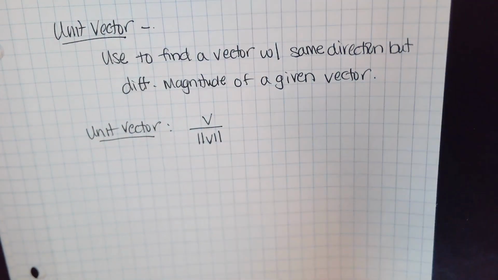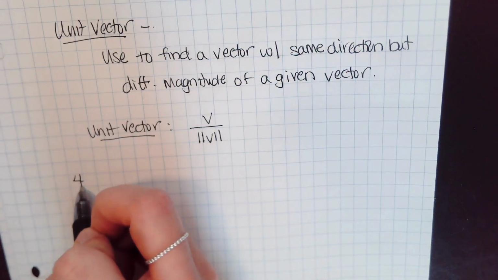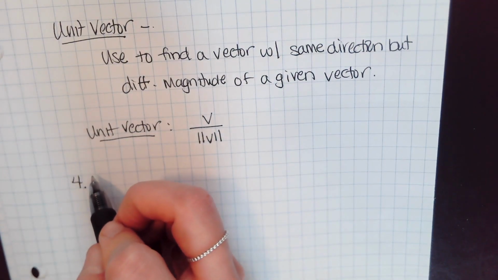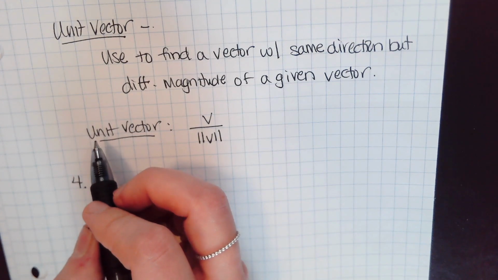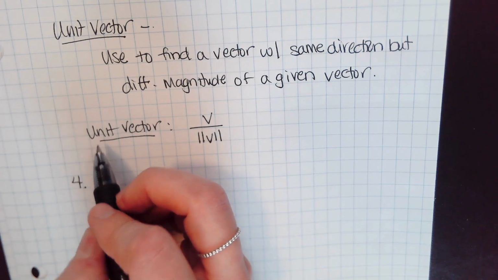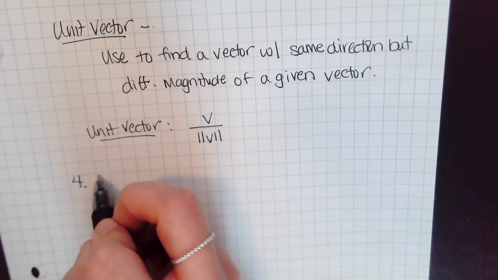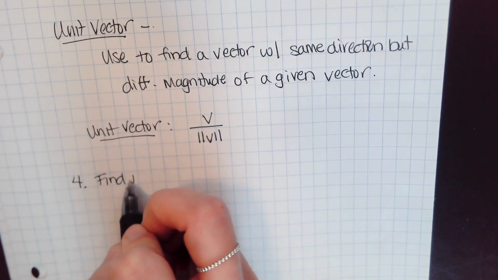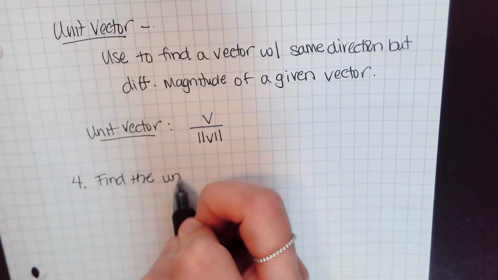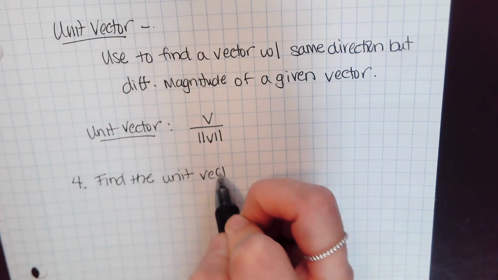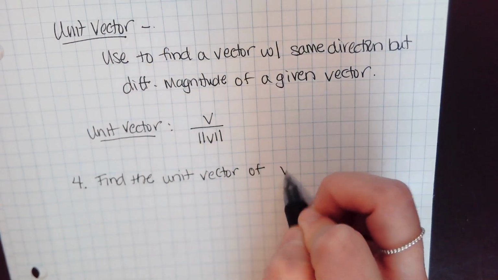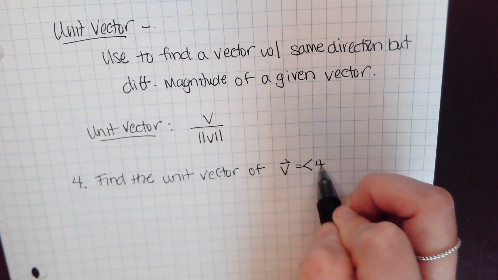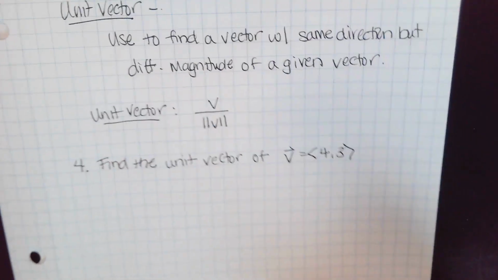All right, I think we are on number 4 here. Use the formula to find the unit vector of v, which is (4, 3) in component form.